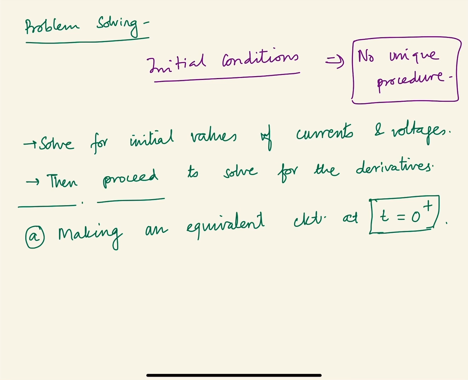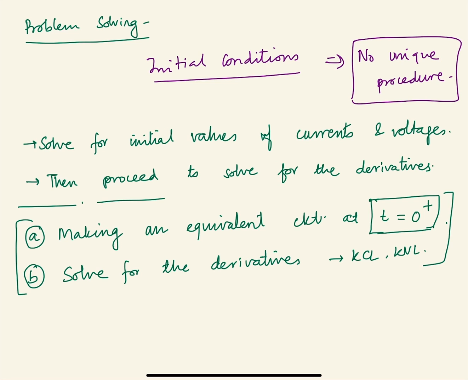Okay, now after you make the equivalent circuit, what you do next, you will solve for the derivatives. That is, you will make the KVL and KCL equations from the circuit, and then these two steps will make the problem into an initial value problem.